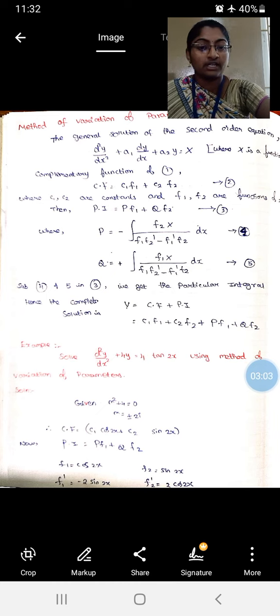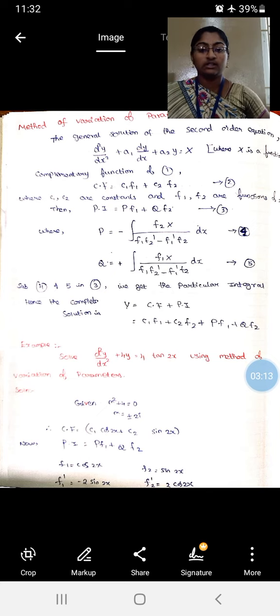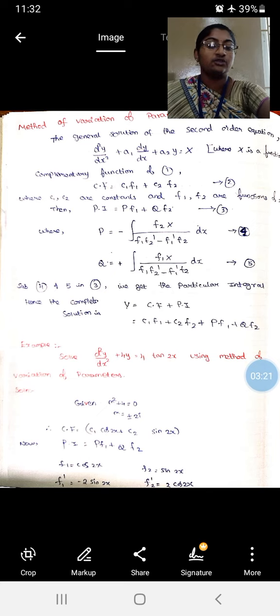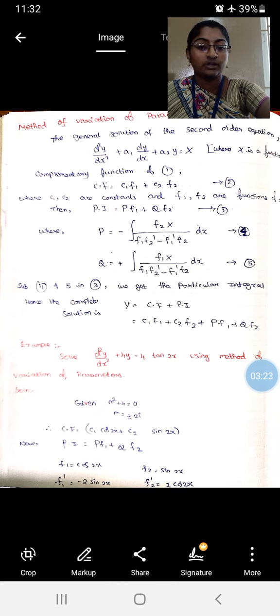Next we have to find the value of the particular integral. We know that the particular integral is p f1 plus q f2. Here the value of f1 is cos 2x. See, in the complementary function we denoted cos 2x, so that is the value for f1, and the value of f2 is sin 2x.